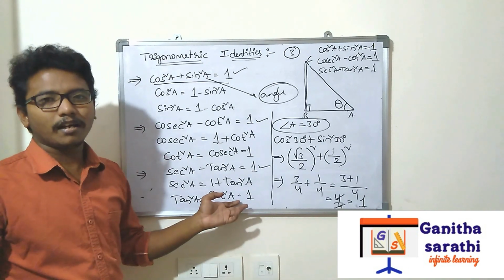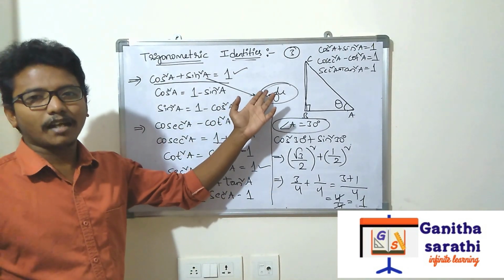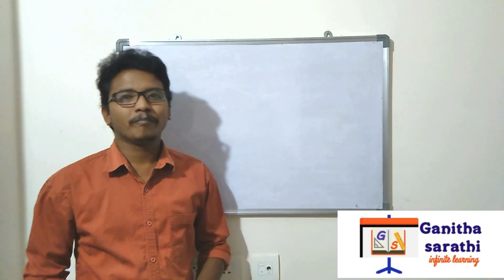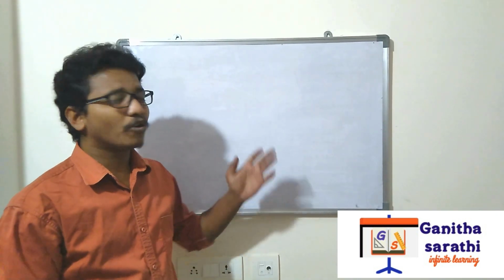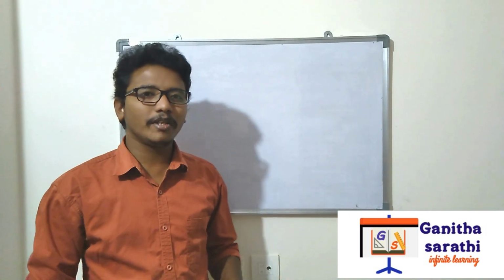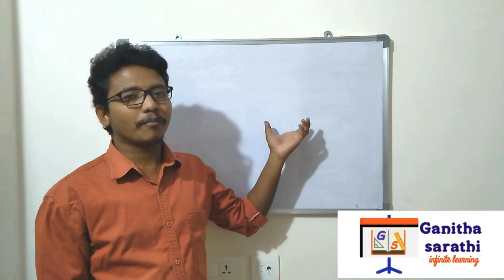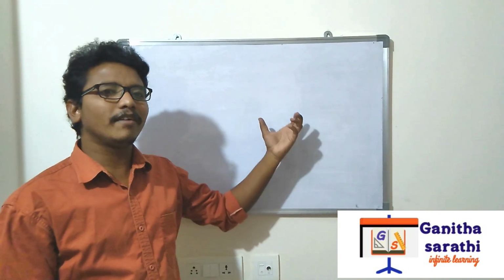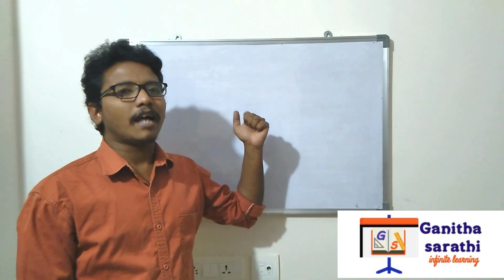Let us move on to the models of trigonometric identities. We have discussed the trigonometric identities, right? In my next video, I am going to give you the models of some kinds of problems related to these trigonometric identities, where we will use these identities.